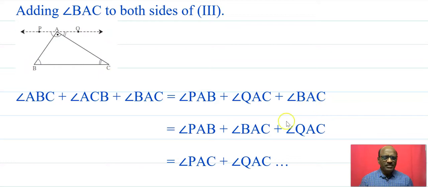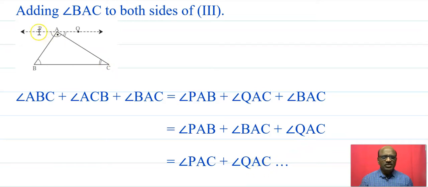Now if we add the two angles, measure of angle PAB plus measure of angle BAC, then we will get the measure of angle PAC. That is the angle addition property, plus measure of angle QAC.